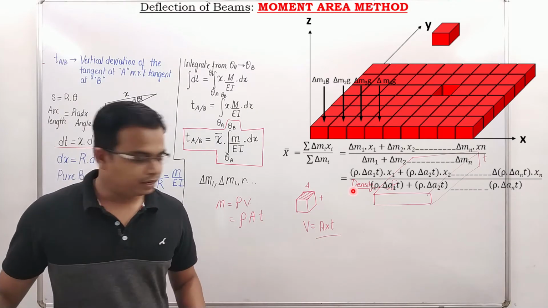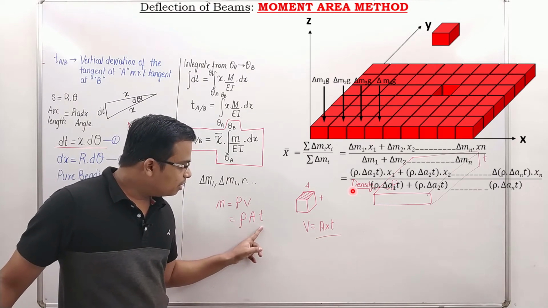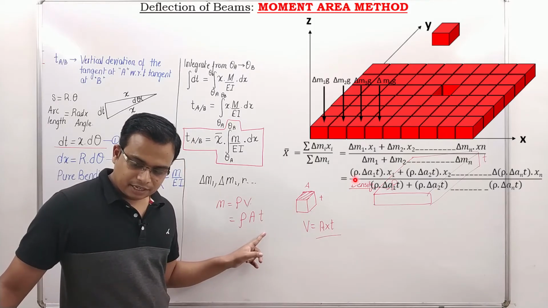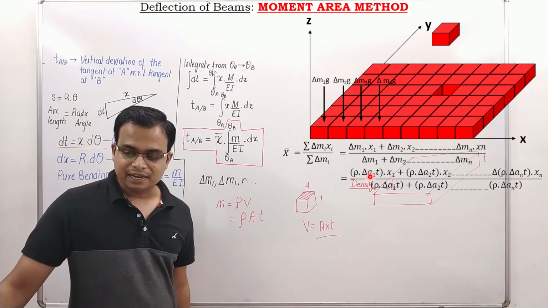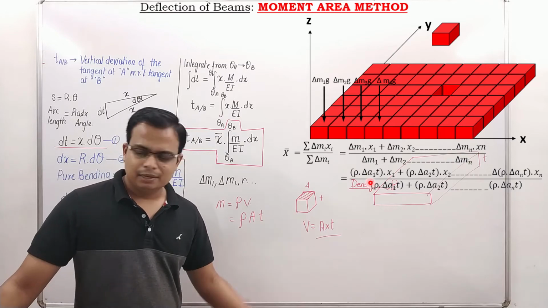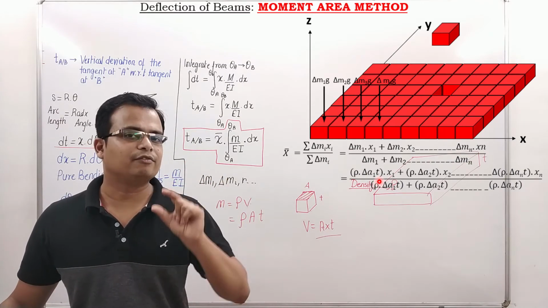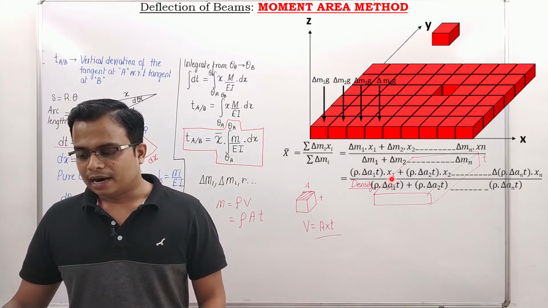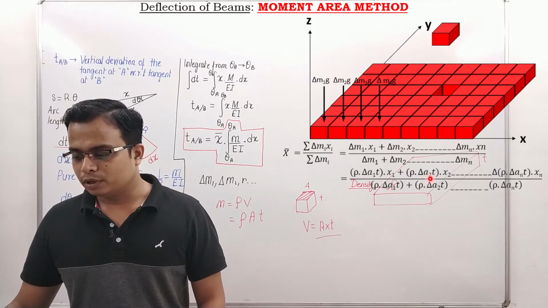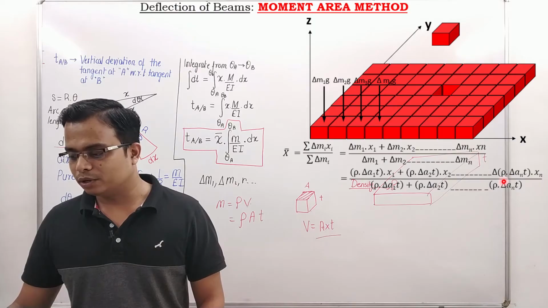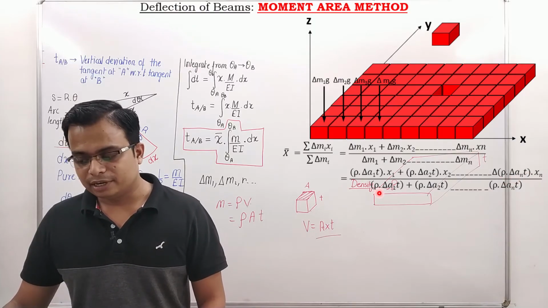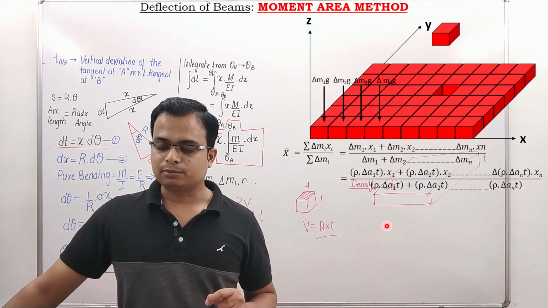So as I told you, density multiplied by area multiplied by thickness. It's a very small area, delta A1 for element 1, let's say, and this is the thickness. Thickness is common for all the infinitesimally small elements. And you just do this for M2, rho delta A2 into T, for Mn, rho delta An into T, and similarly in the denominator, make the same substitution.